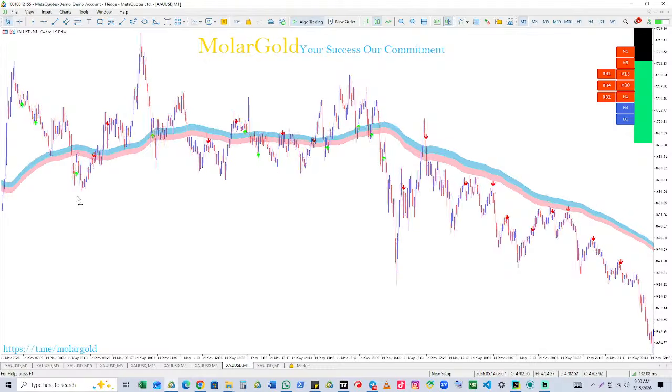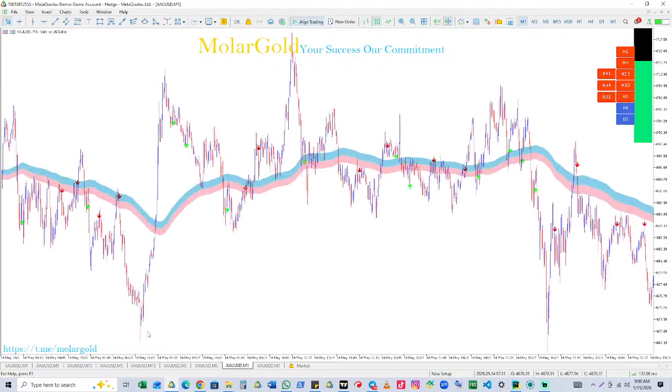Let's start from here. So it's called the MolarGold zones. So we start from here. You are only going to place trade around here inside the zone. So 50 and 61.8 zone.